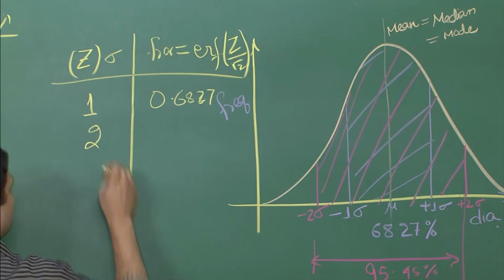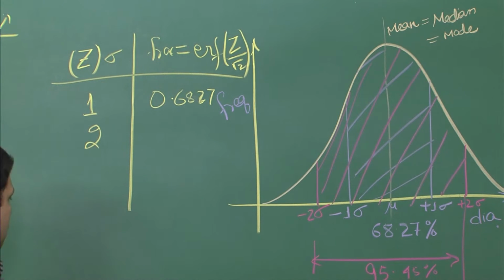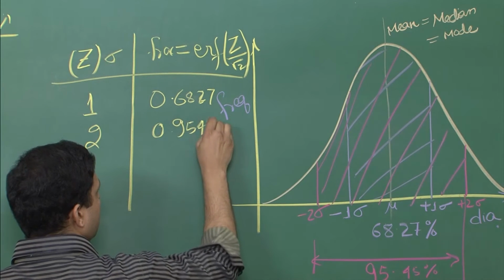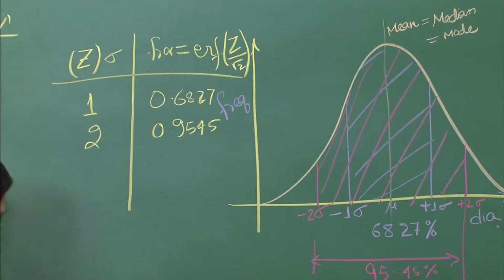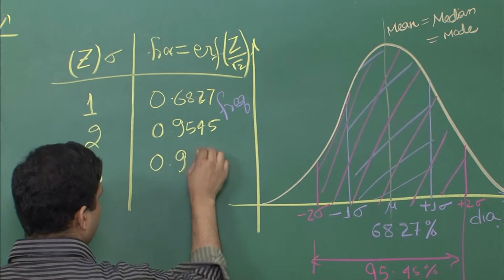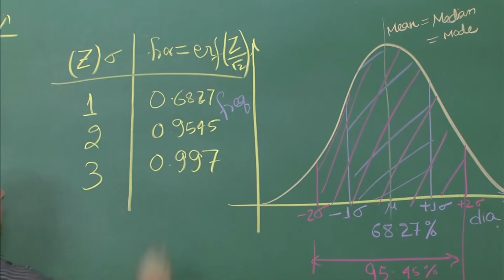When you say z equal to 2, then this comes out to 0.9545 and so on. So, you can keep on going like this by putting in the values appropriately over there.